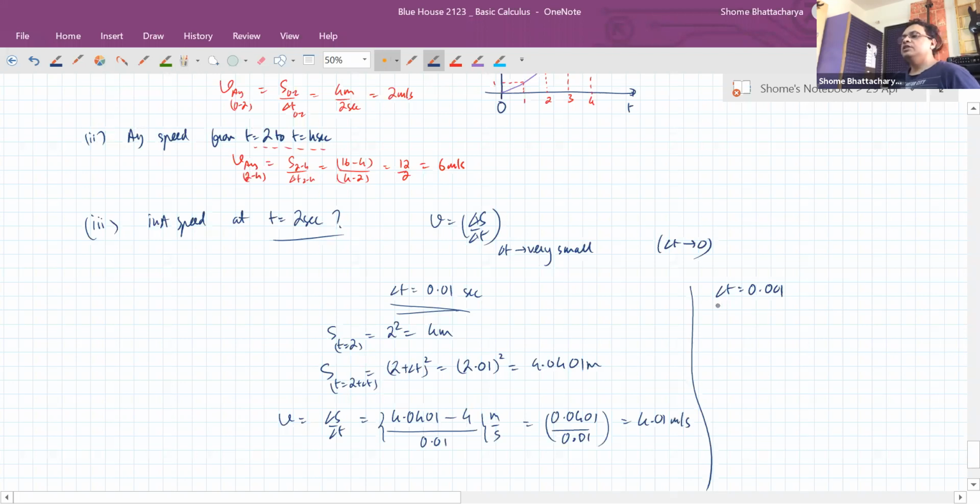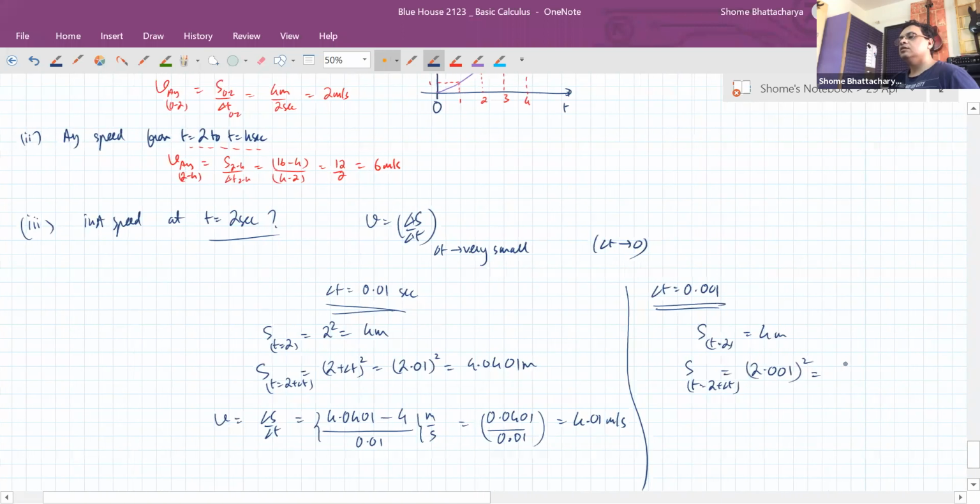Okay. Now change this to 0.001 and see what you get. Again at 2 seconds, this is 4 meters. But now at 2 plus delta t, this is becoming 2.001 squared. So you will get this as 4.004001. Correct?